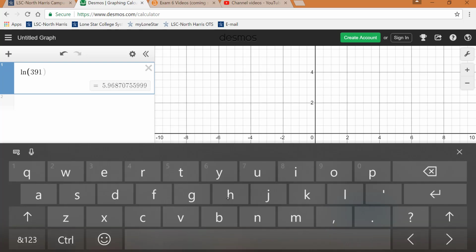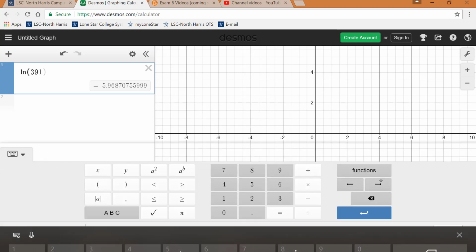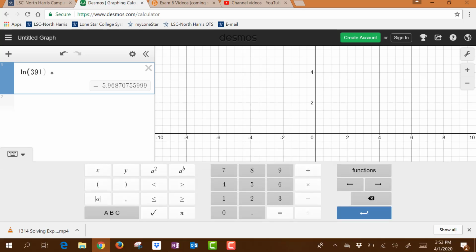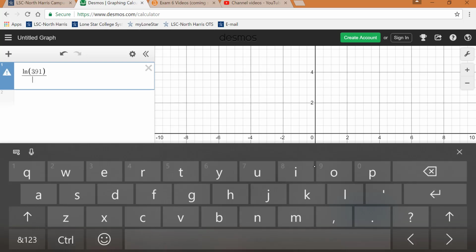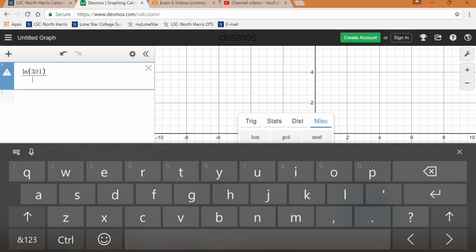Sorry, my keyboard keeps popping up. It's driving me crazy too. So natural log of 391, remember we're going to come out of that parentheses, so I'm going to hit the arrow, make sure my cursor up here is outside of the parentheses, and we want to divide that by, we said natural log of 5, so functions.